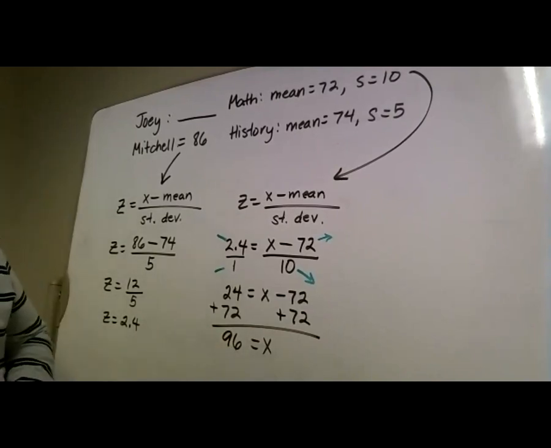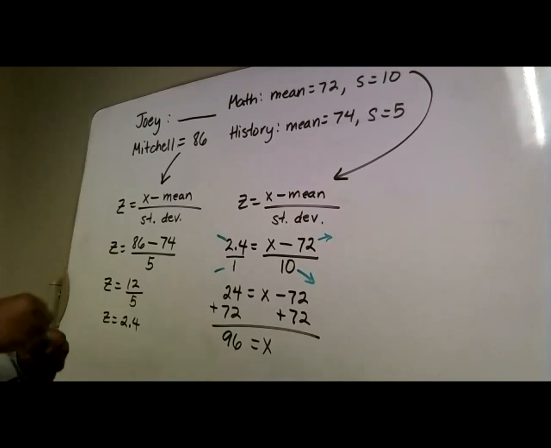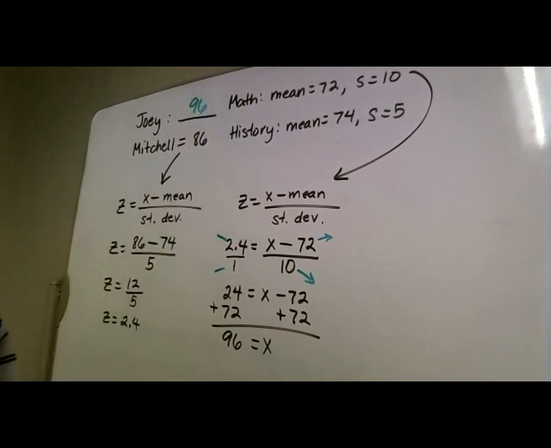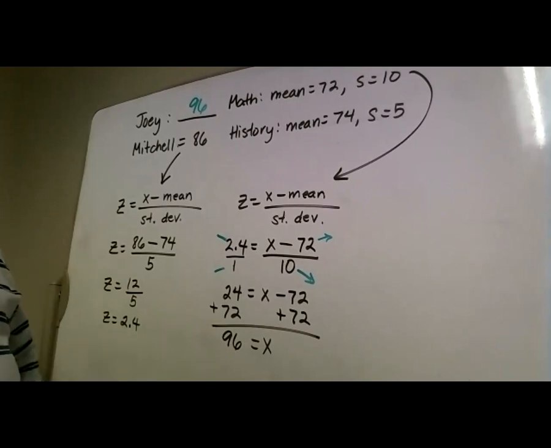So for Joey to score relatively higher than Mitchell, he will need at least a 96. Well, 96 would be equal to, wouldn't be more than.